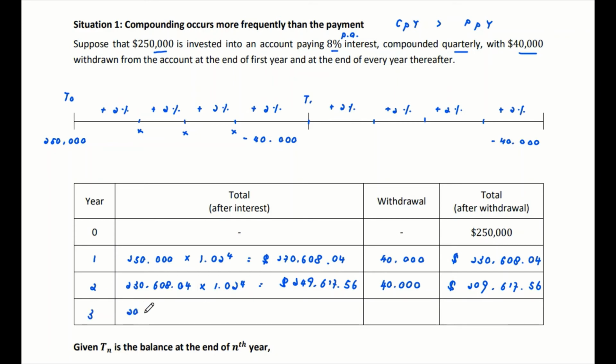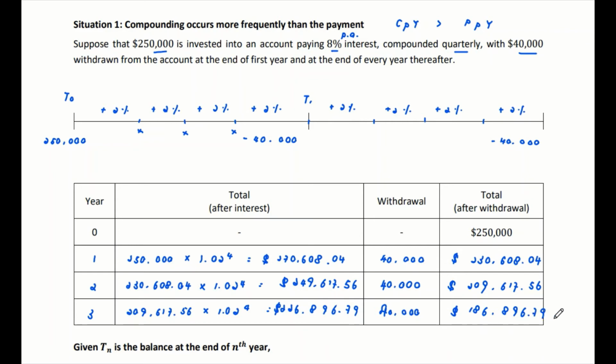So we have 209,617.56 multiplied by 1.02 to the power 4, which gives 226,896.79. Alright, same thing, withdrawal of 40,000 is made. So in the account, we are left with 186,896.79. Alright, so that's the value that we have.